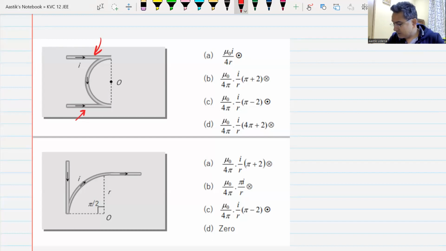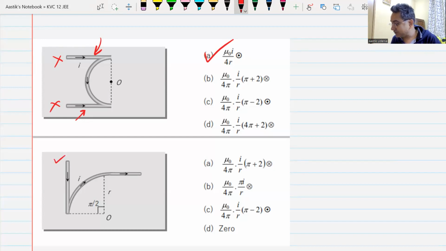And you can see they are cancelling each other out. So the answer for the straight wires is 0, only the curved wire remains, and the magnetic field will be mu naught I by 4r and it will be coming out, yes or no? Let us look at the next one.